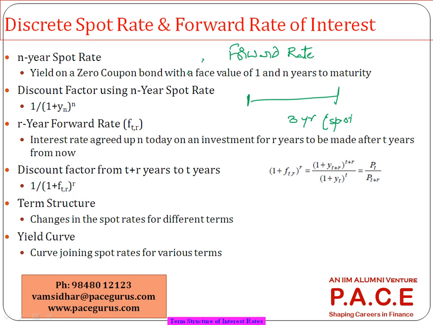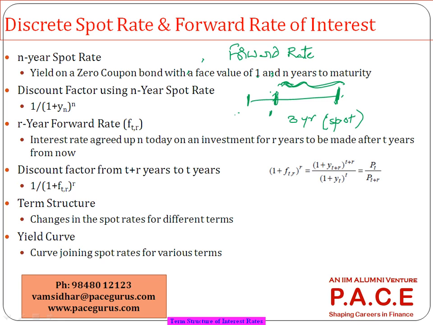But if I say after 1 year, I am finding out the 2 year interest rate, right? From now, a 3 year rate should be the same as, if I am talking about 1 year from now, whatever is the 2 years from that point, right?